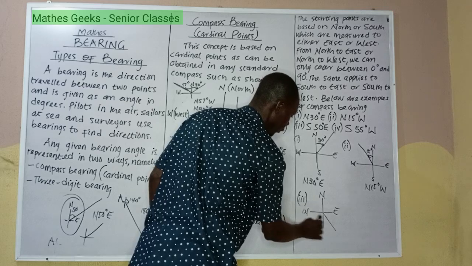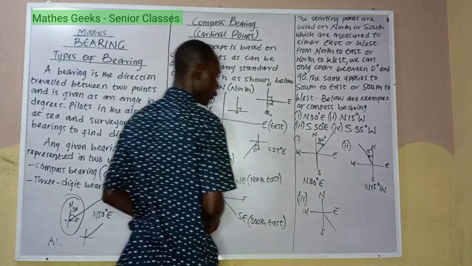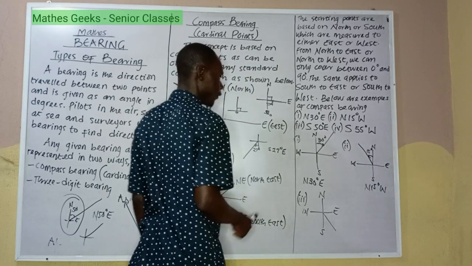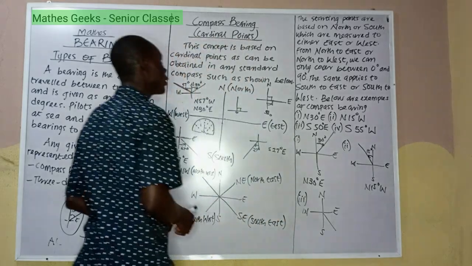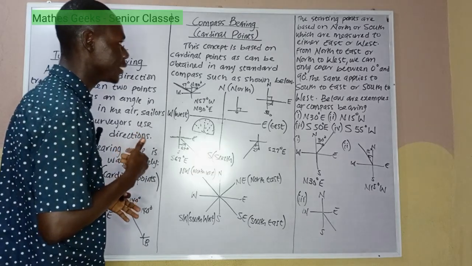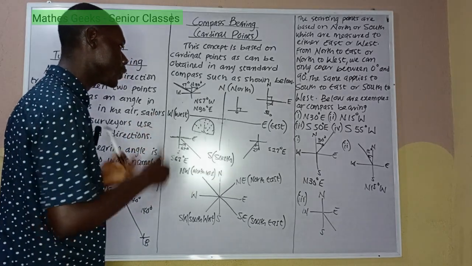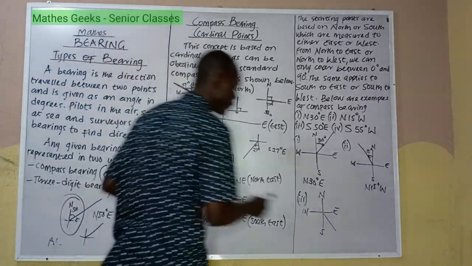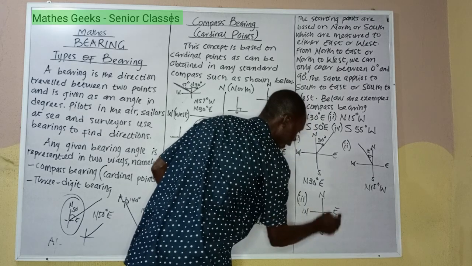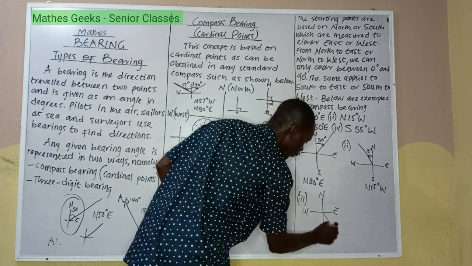So southwest and then south. And what's the degree? 50 degrees east. Now because it's 50 degrees east, and the rule says in compass bearing, your angular measurement is starting from either the north or the south. So from the south to this line will give you the 50 degrees.